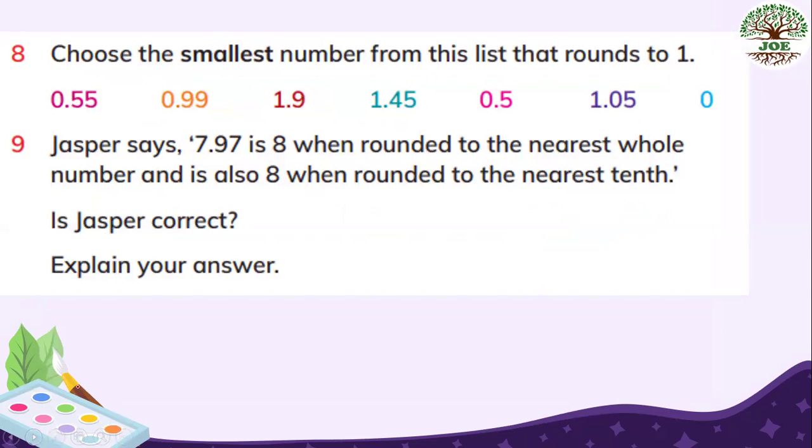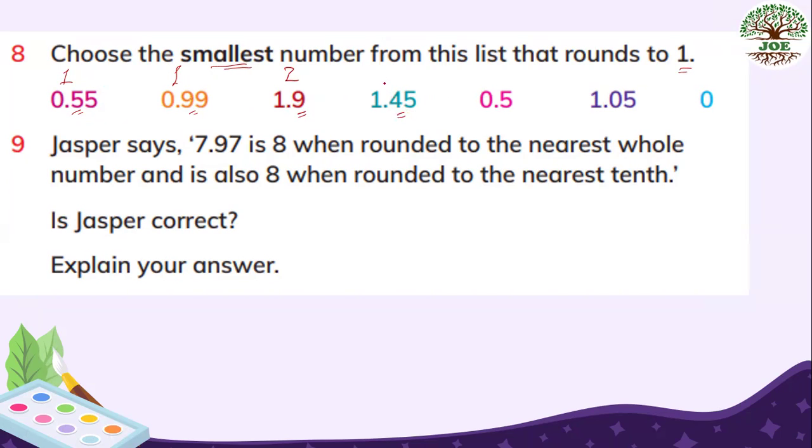Okay. Number 8, choose the smallest number from this list that rounds to 1. We have to choose the smallest number. So let's check. This is rounding to the nearest whole number, so look at the tenths. This is 1, round to 1. This is 9, round up to 1. This is 9, round up to 2.